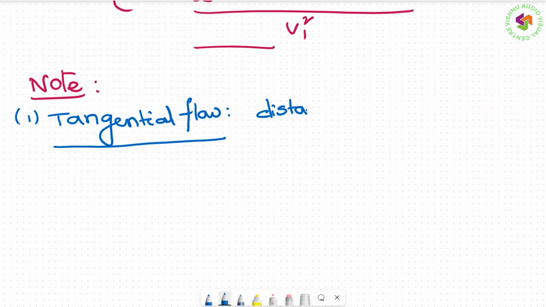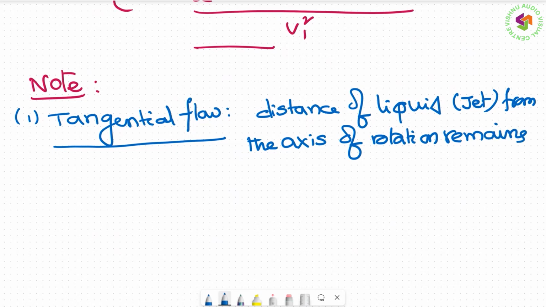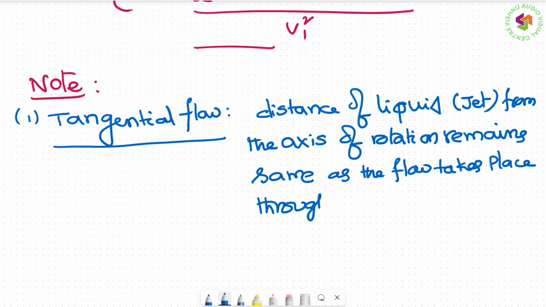The distance of liquid particle, or in brackets jet, from the axis of rotation remains the same as the flow takes place over the vanes.